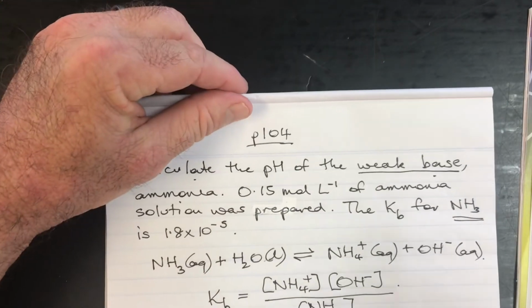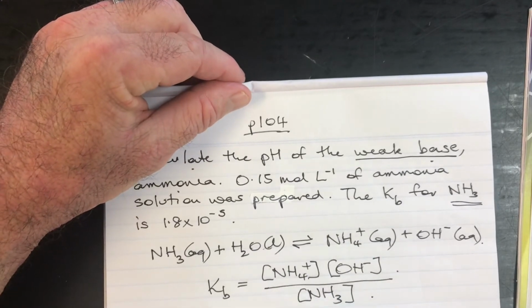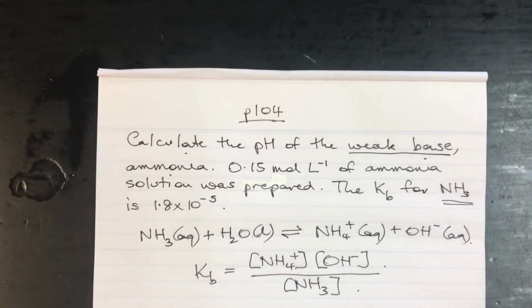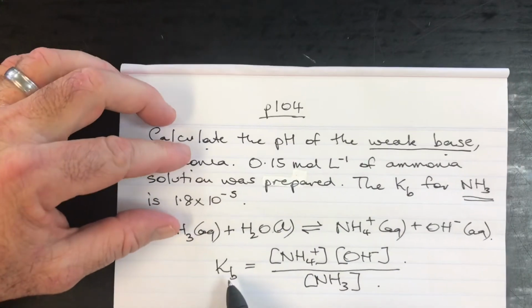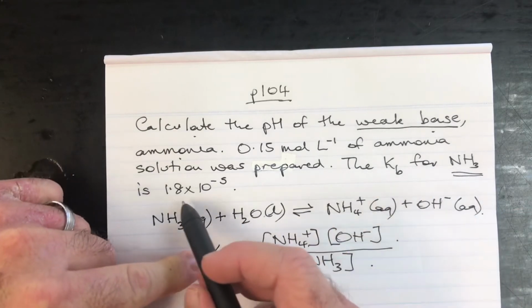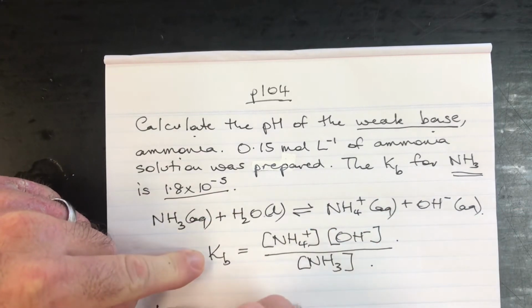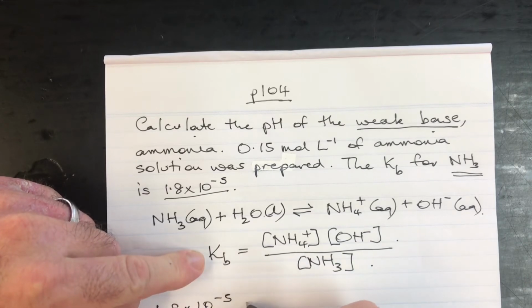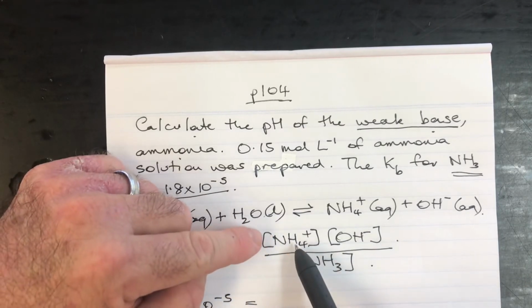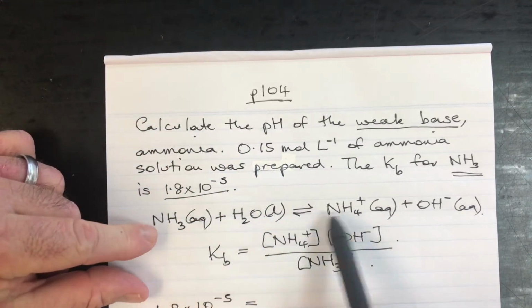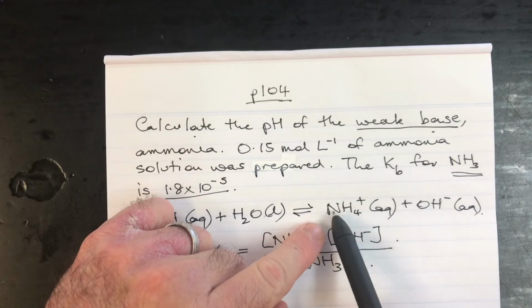Now, using this equilibrium expression, we can sub in some of these values. So Kb, we're given that in the question: 1.8 times 10 to the power of negative 5 equals... Now when ammonia dissociates, it dissociates into equal quantities.